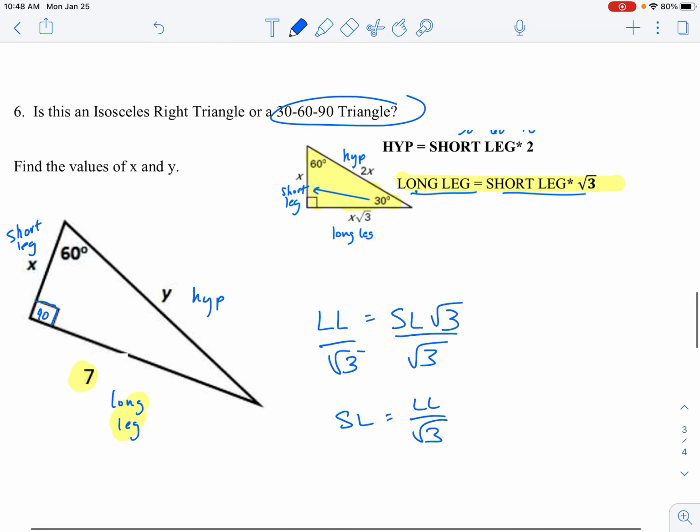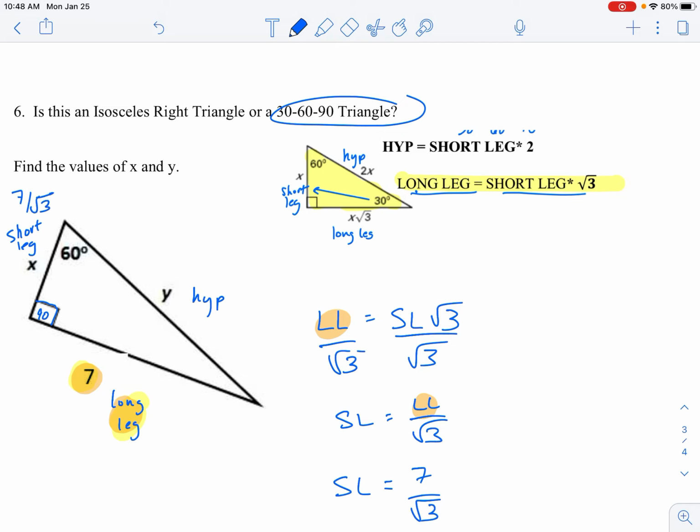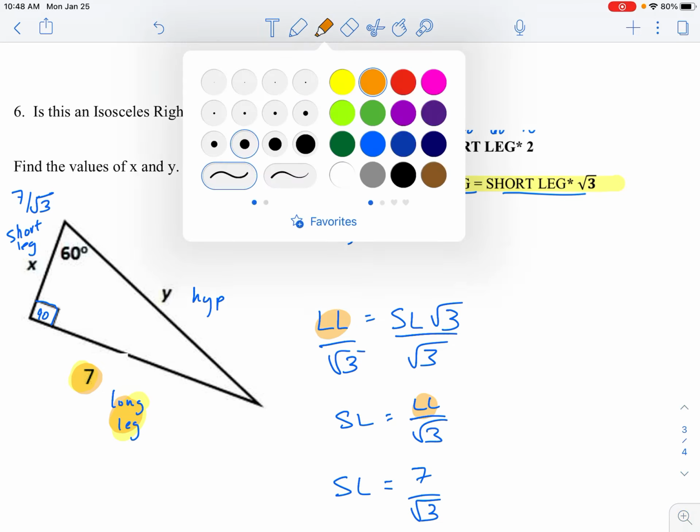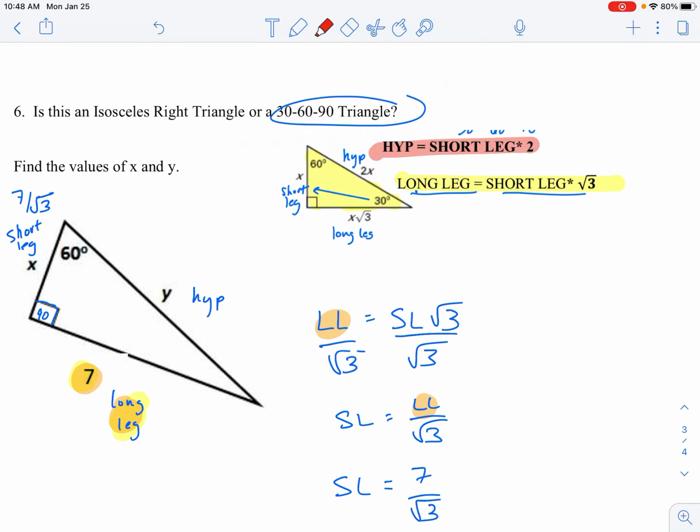So on this picture, the short leg would equal 7 divided by the square root of 3. And then it says that the hypotenuse is equal to the short leg times 2.